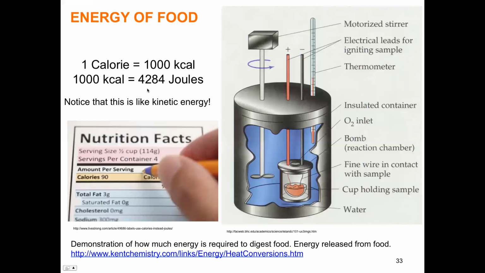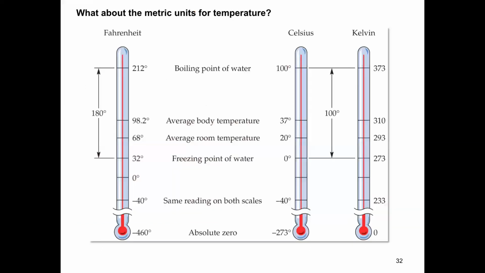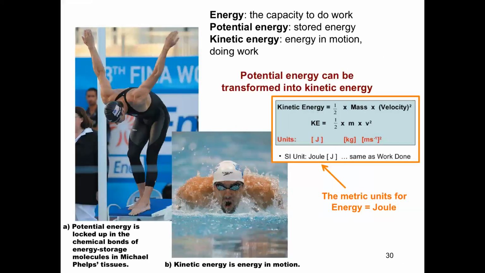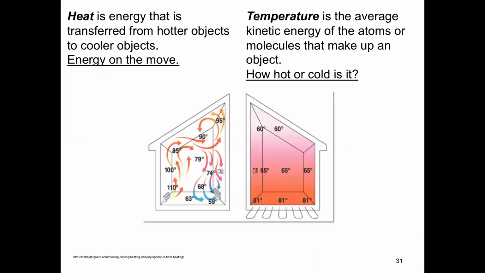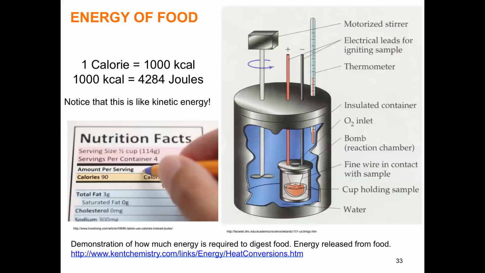All right, so that's the kinetic energy that's stored up in that food. Okay, and I think I wrote down somewhere here that 1 calorie is the amount that's required to raise the temperature of water by 1 degree.